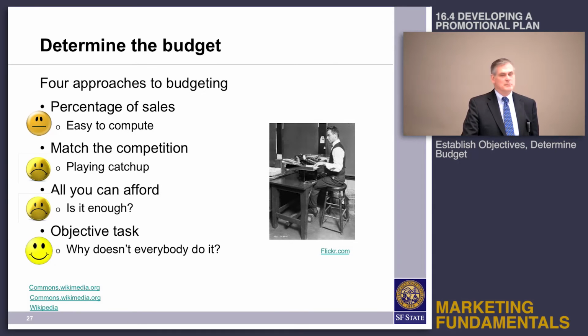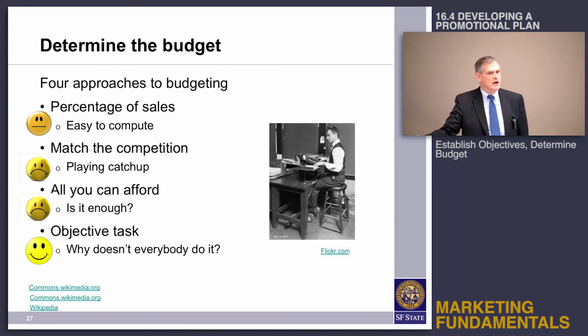Should I spend $500? Or is that not going to do anything, so keep the money in your pocket? Or if I can afford $10 million, do I really need to spend $10 million to accomplish what I want to do? Maybe I'm just throwing money away. So all you can afford pays no attention to what your objectives are, what you're trying to accomplish, and how much it might cost. It's just, we'll spend what we can and hope for the best.